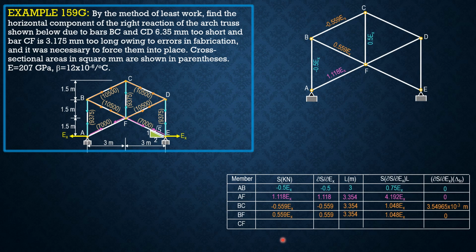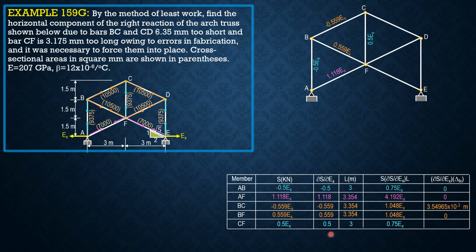Finally, CF is involved in fabrication error. Its force is 0.5 EX. Partial derivative 0.5. Its length 3. Then S, partial of S with respect to EX times length is 0.75 EX. Its fabrication error should be divided by 2 because it is the only one member, so we should divide it by 2, the product here.